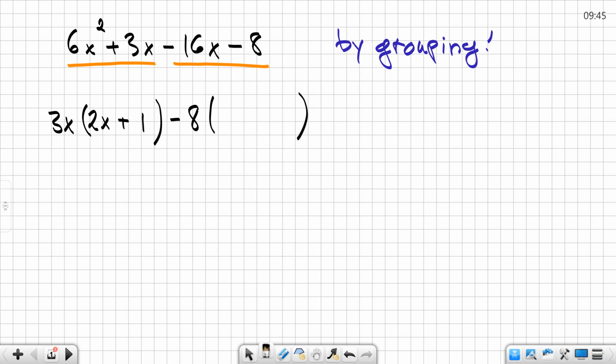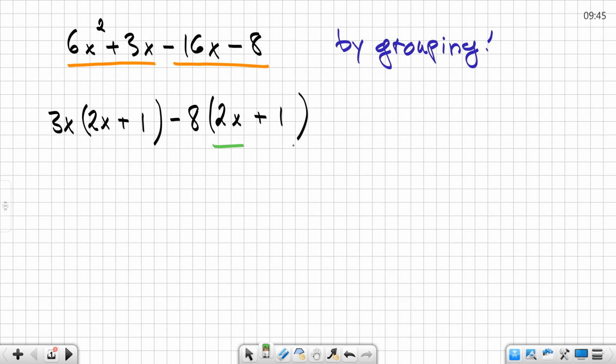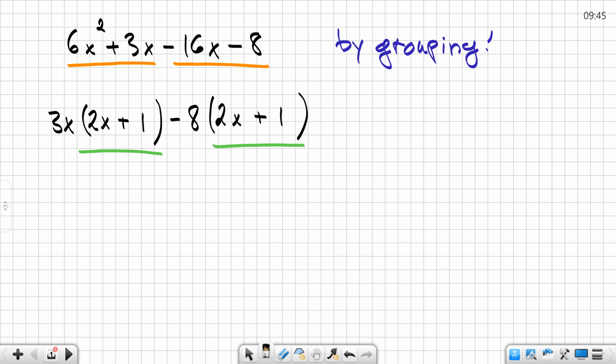If I divide both terms by negative 8, I will get 2x plus 1. And we notice that we have the common factor of 2x plus 1, which can be factored out now.